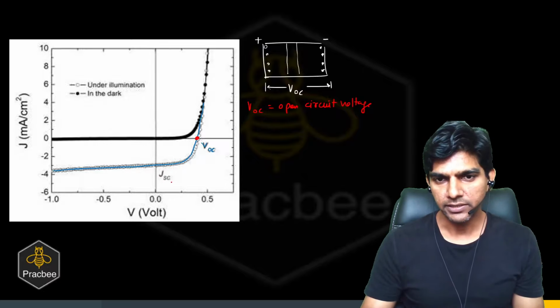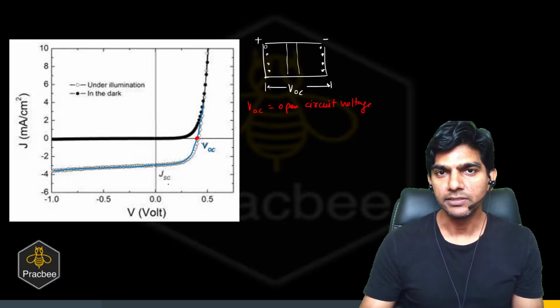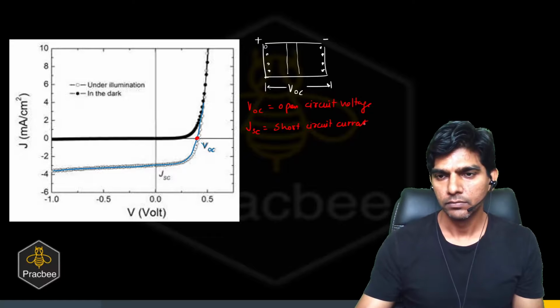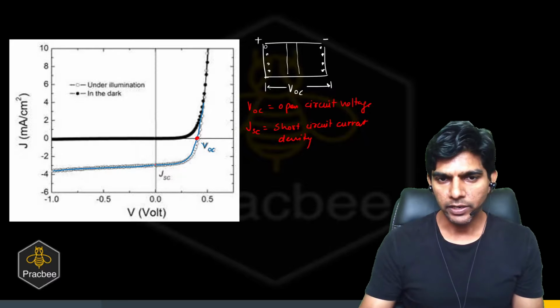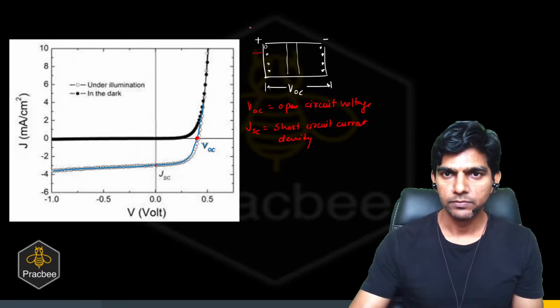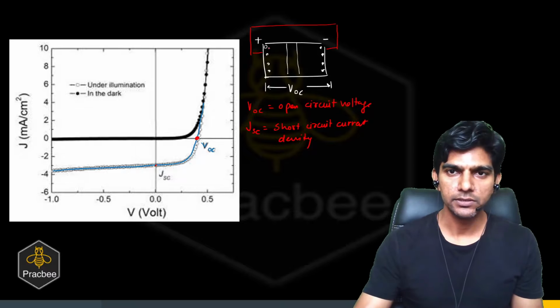Next, this JSC is the short circuit current, or you can say current density, right? JSC is short circuit current density, and the corresponding current will be the short circuit current. Why is it called a short circuit current? Because if I connect the ends with a connecting wire which has zero resistance, then what would happen?